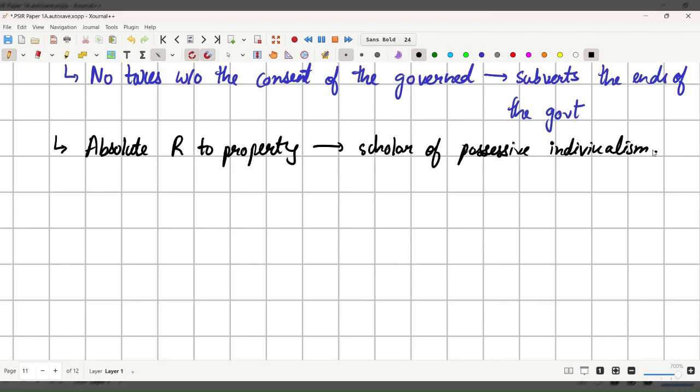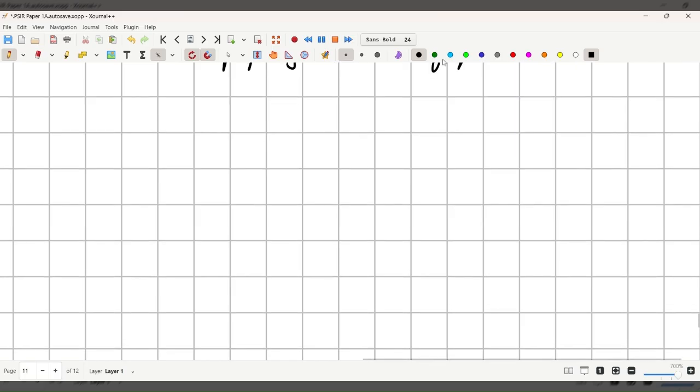Then we can now write some linkages here. So some links.